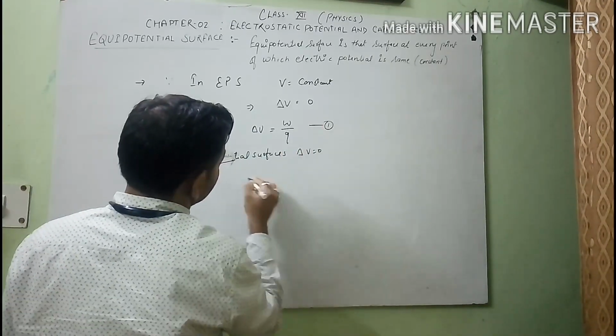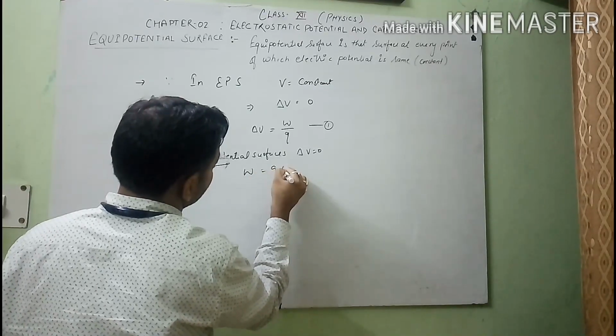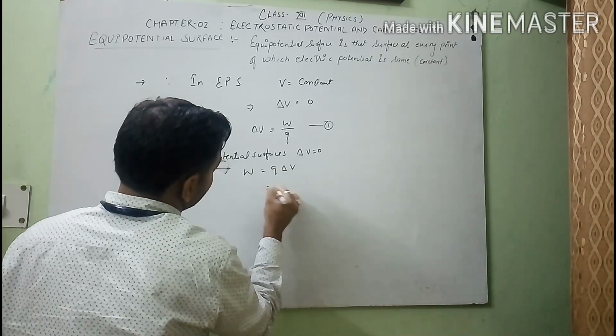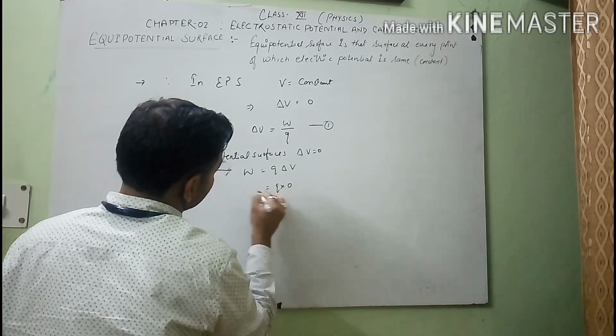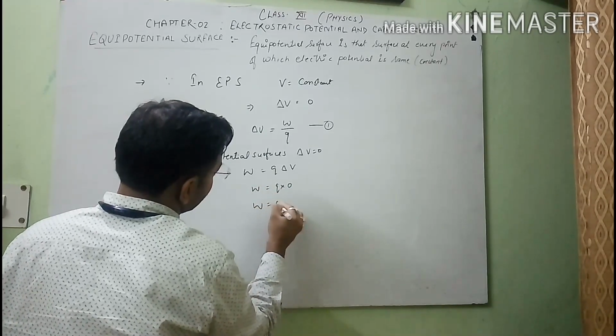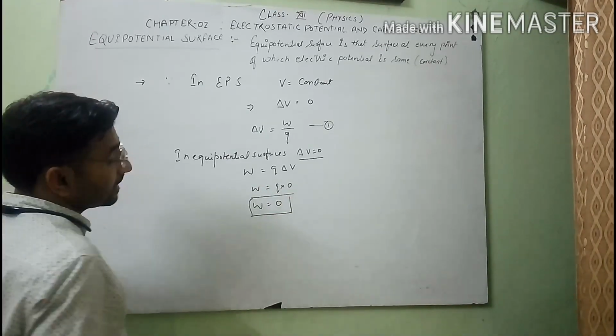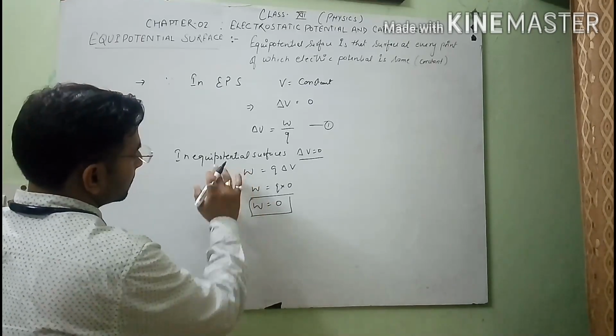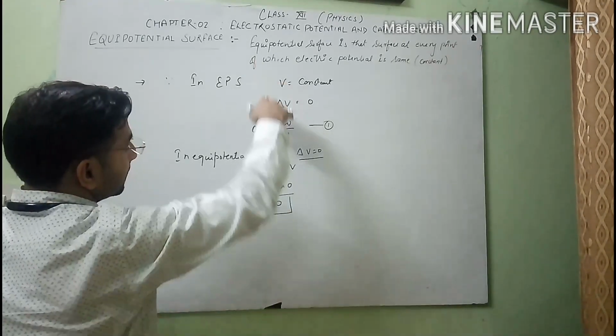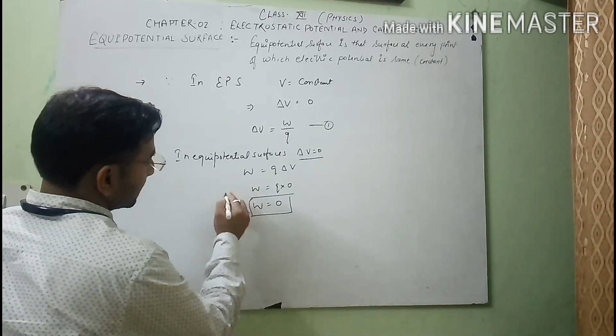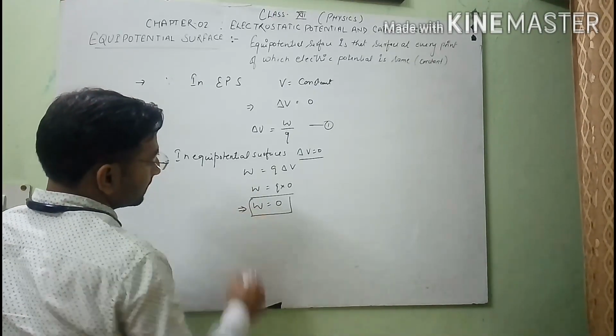So from this equation we get W = Q into delta V, so Q into 0. It means that the amount of work done is 0. We know that the electric potential difference in an equipotential surface is 0 from the above discussion, so we can say that the work done will be 0.